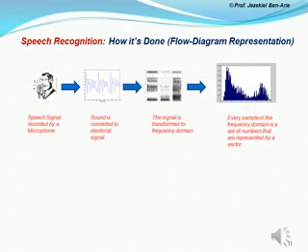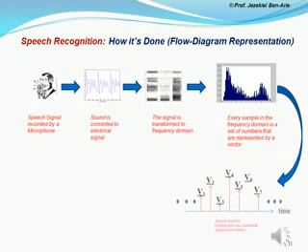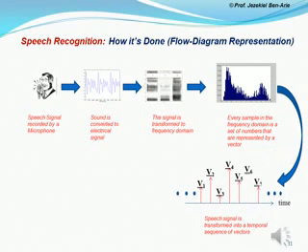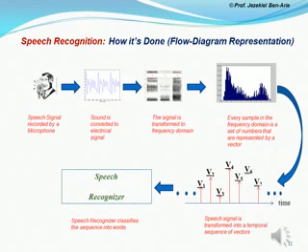Next, every sample in the frequency domain is a set of numbers that are represented by vectors. After that, the total speech signal is transformed into a temporal sequence of vectors. Finally, these vectors are used by the speech recognizer algorithm and consequently classified into words.